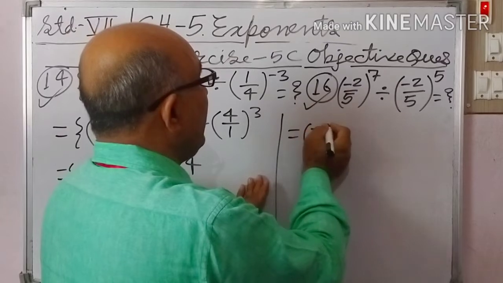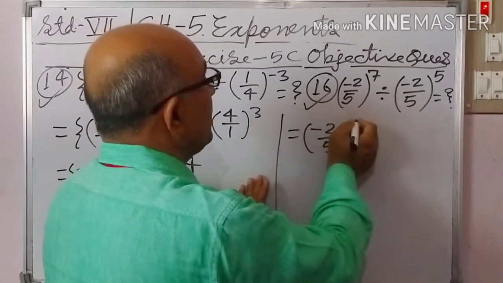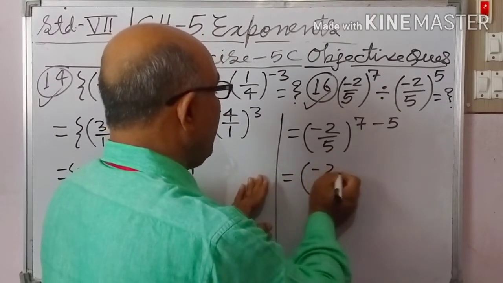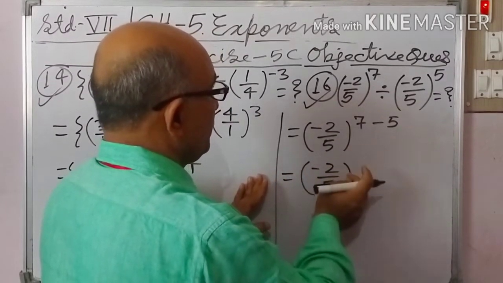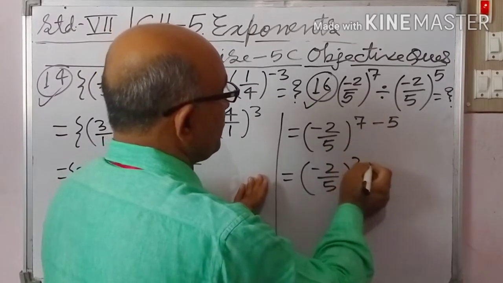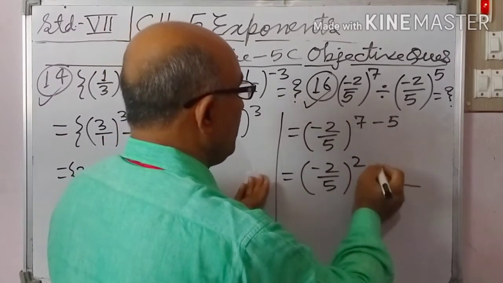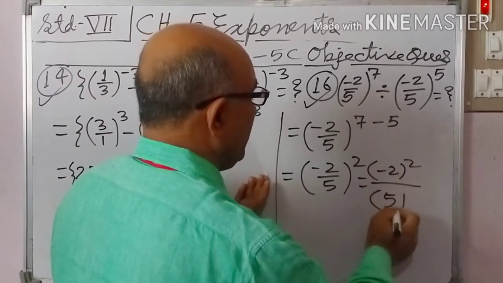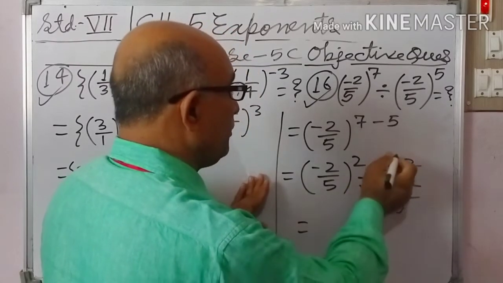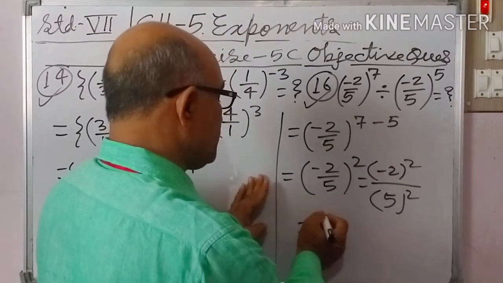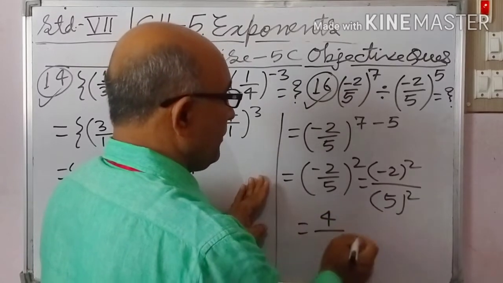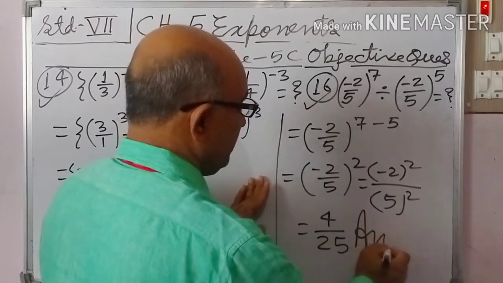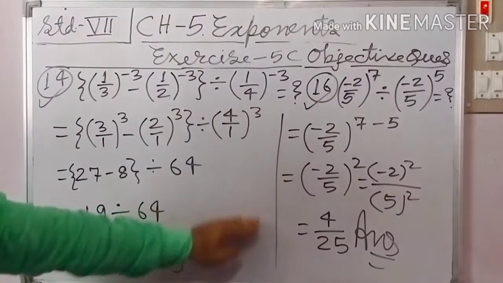So minus 2 by 5 to the power 7 minus 5 equal to minus 2 by 5 to the power 2, equal to minus 2 to the power 2 by 5 to the power 2. 2 to the power 2 is 4, 5 squared means 25. So 4 by 25 is the answer of this question. Write it.